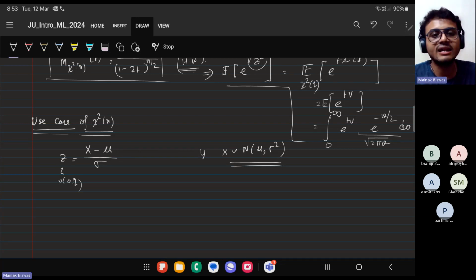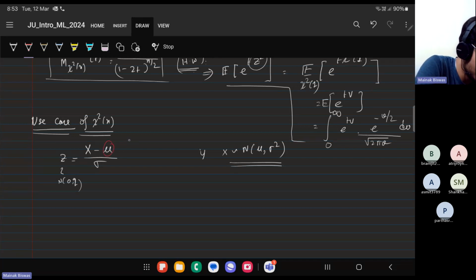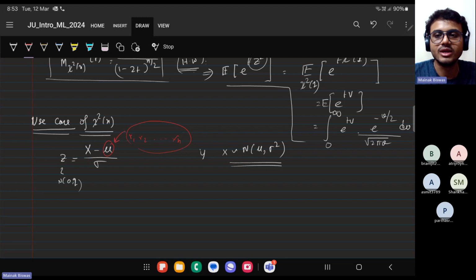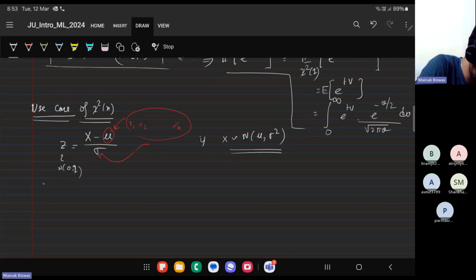But in reality, do you have access to mu and sigma? You will be given samples from this distribution. So you will know only x1, x2, dot, dot, dot, xn, and you will have to estimate the mean in some way. And also the standard deviation sigma will have to be a sample variance. So as we recall from last class, we defined an unbiased estimator of sample variance. We derived it.